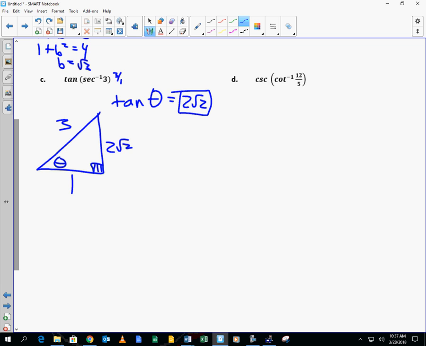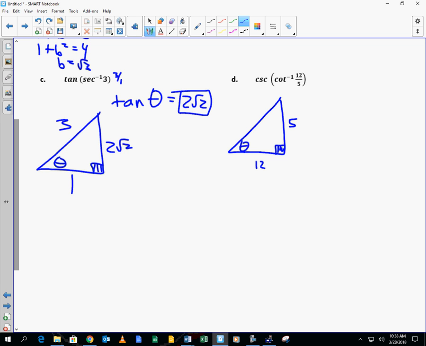Kind of clicking? I start with cotangent. Tangent is opposite over adjacent, so cotangent is adjacent over opposite. The adjacent is 12. The opposite is 5.